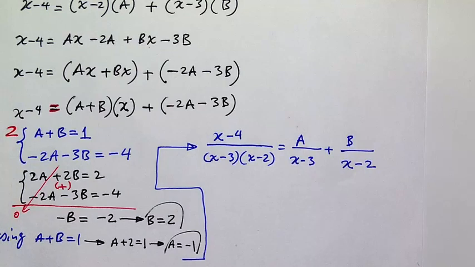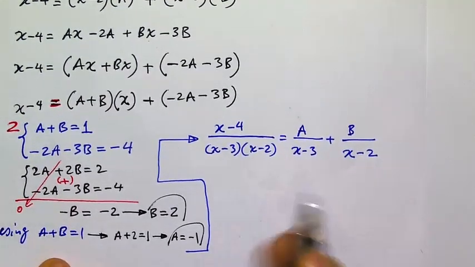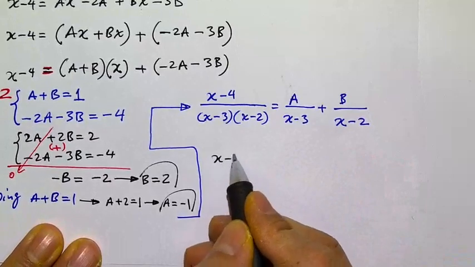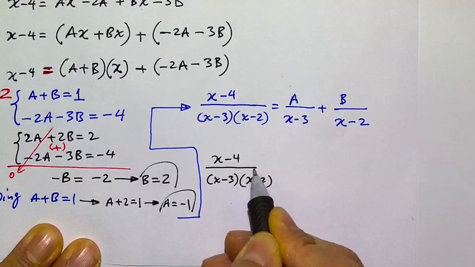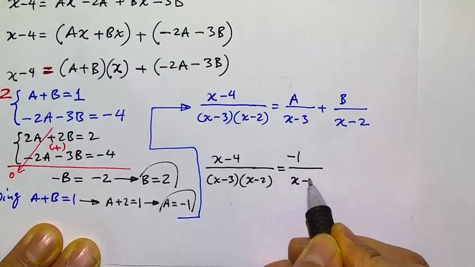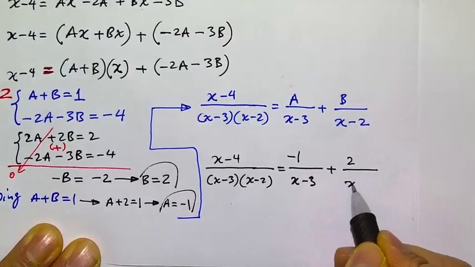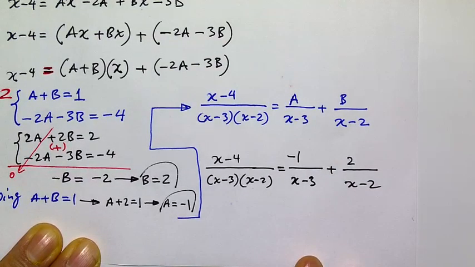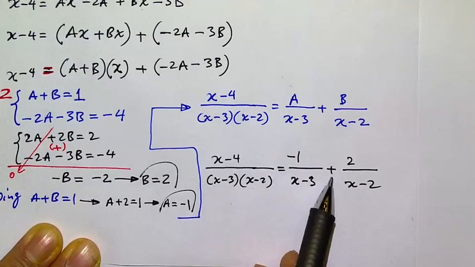So the final result is x minus 4 divided by x minus 3 times x minus 2 equals -1 divided by x minus 3 plus 2 over x minus 2. Okay? This would be good enough. If you want to, you can switch things around so this minus is in the middle.